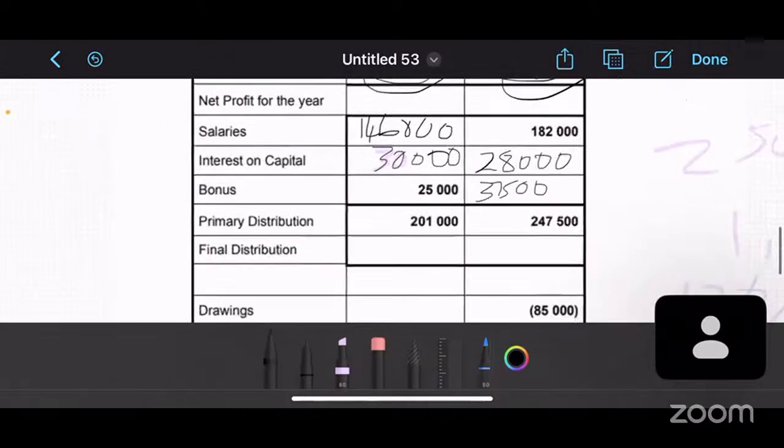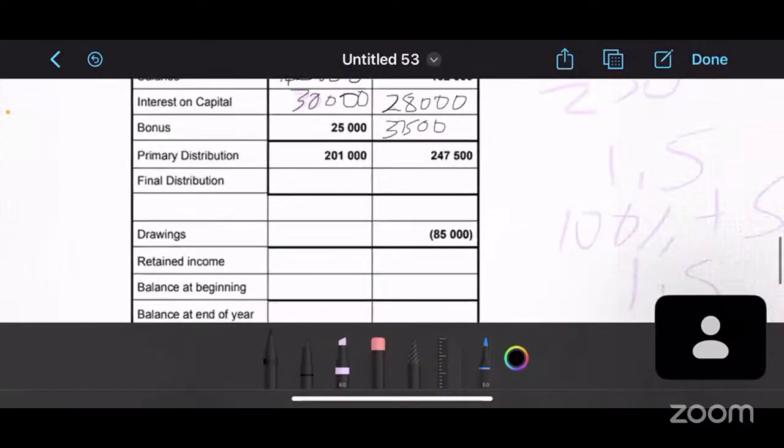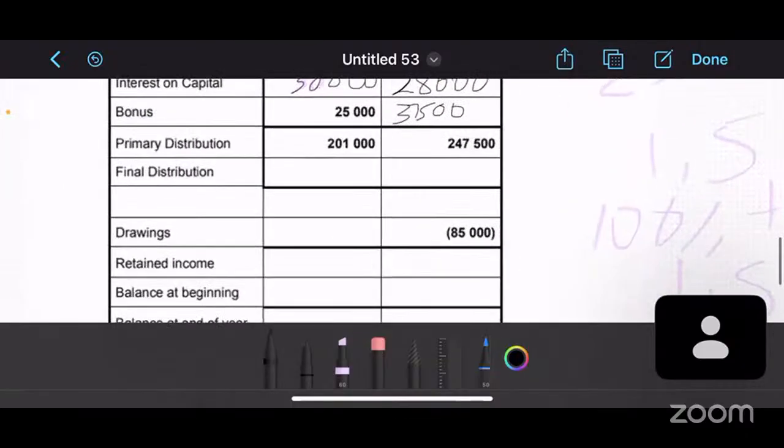Have I ever texted you on WhatsApp? Because I see we're running out of time, I want to send you the question so you can complete it and send it to me.